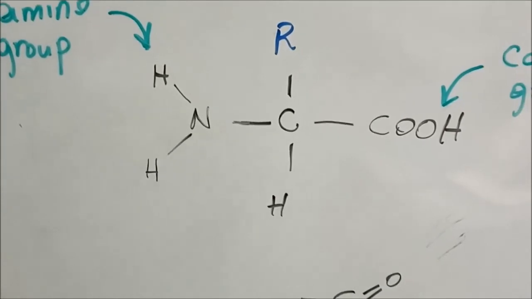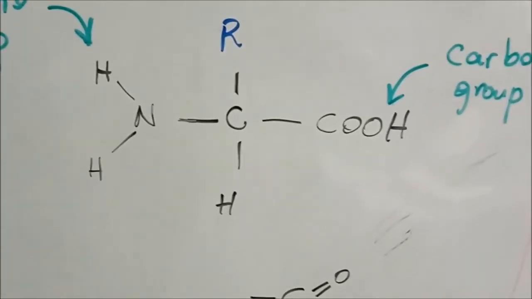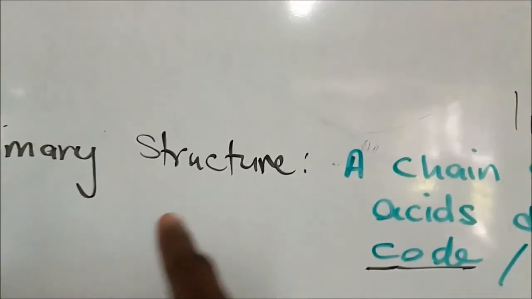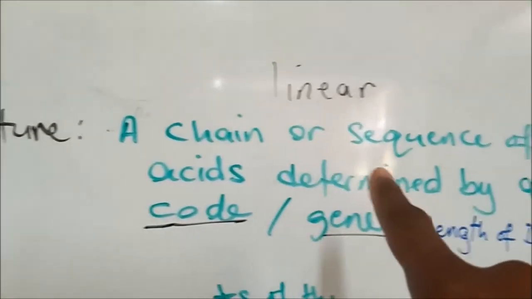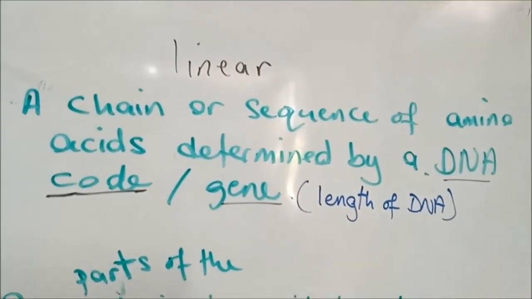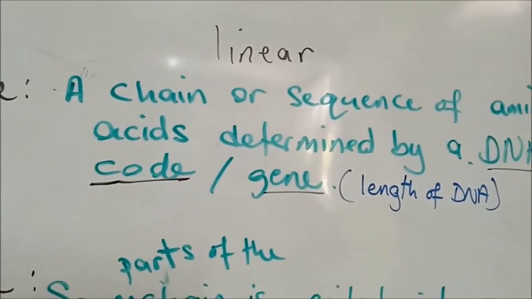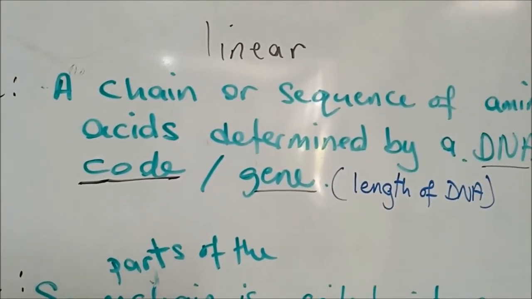You have different types of amino acid. As a matter of fact, we have basically 20 different types of amino acid. So when we talk about the primary structure being a chain or sequence of amino acids determined by the length of DNA, it means that we have different amino acids lined up together depending on what the DNA says.